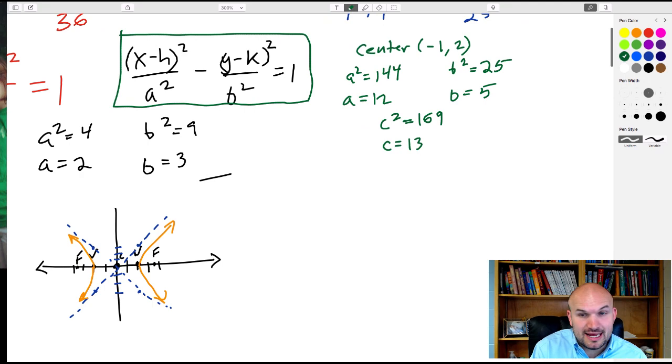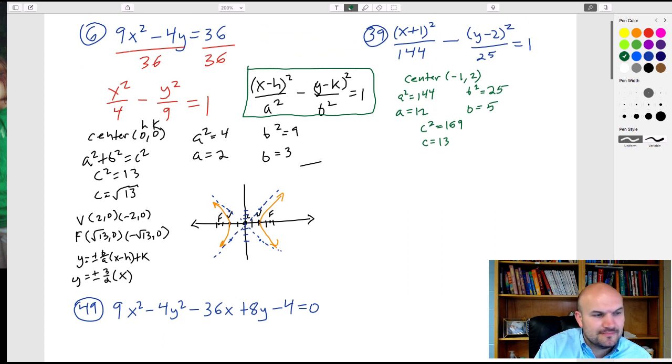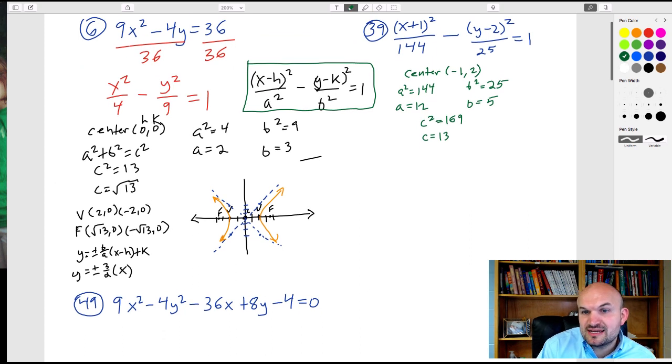So now let's go ahead and sketch this graph. I'm actually going to zoom out so I can use this information. When I'm sketching the graph, I have to plot the center, which is at -1, 2. So I'm going to go -1, up 2. Okay, and that's my center.